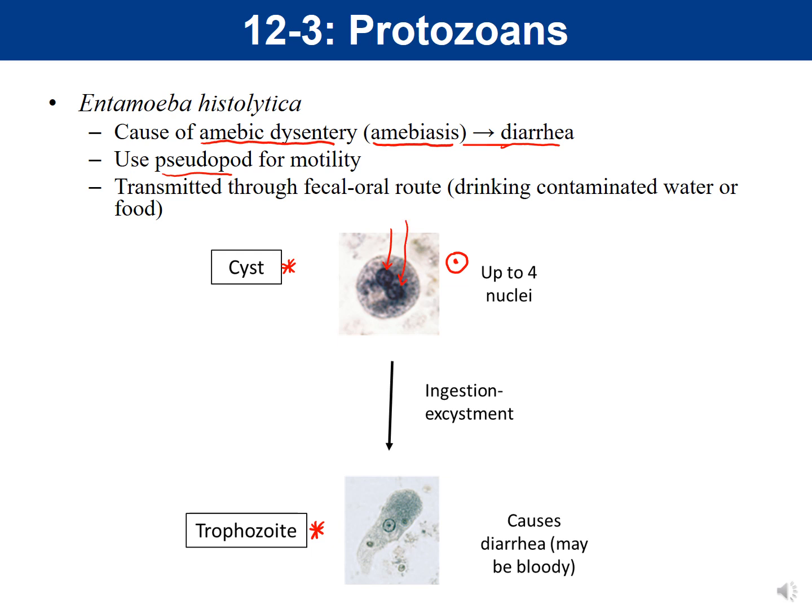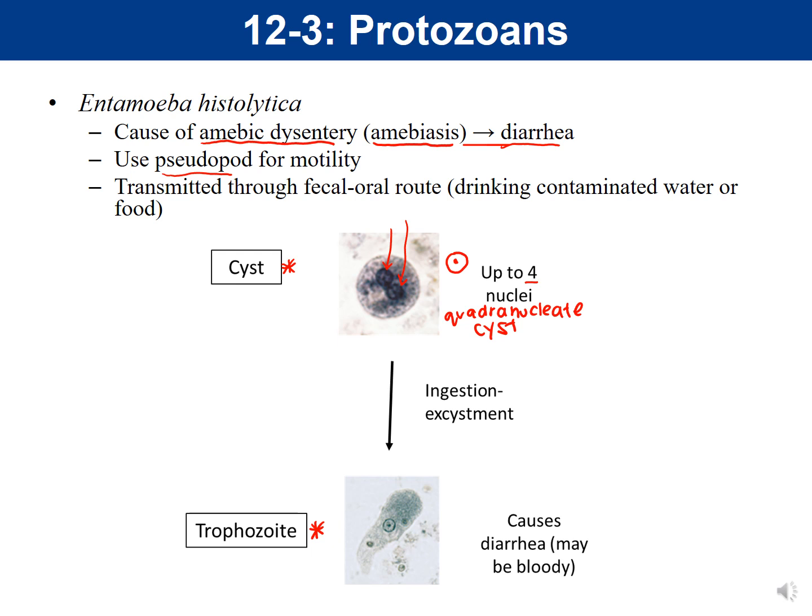So the cyst is typically going to have up to 4 nuclei. And that 4 nuclei we call a quadranucleate cyst.